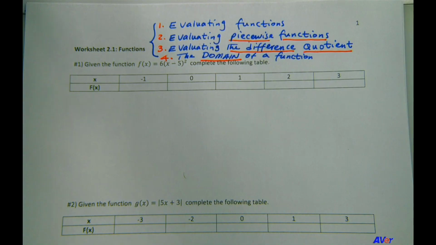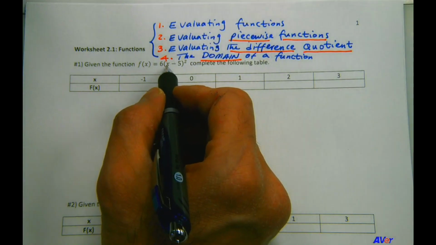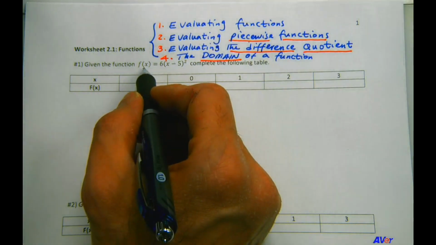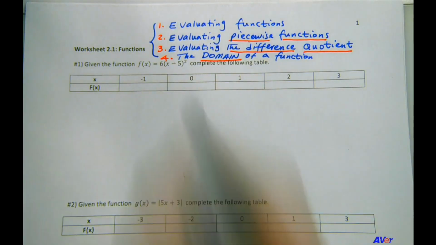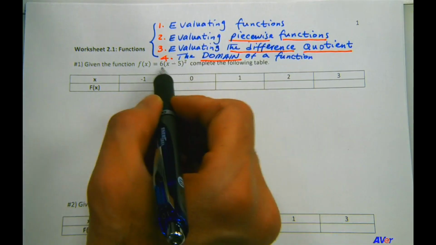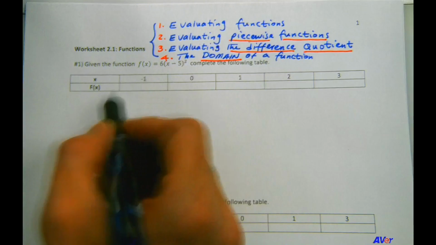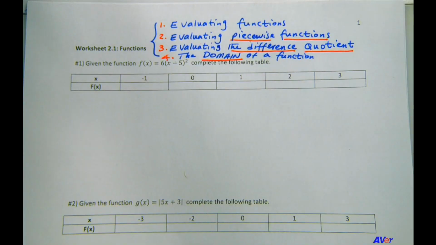The independent variable is usually known as the variable x, and the dependent or output variable is known as the variable y, or f of x. So here in this table, we are given some quantities, and we need to substitute these in this function and find the y value for them, or f of x. I hope you pause the video, calculate these values, and then unpause the video and look at my values here.